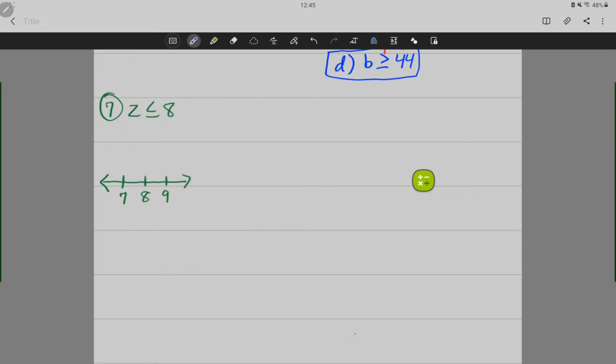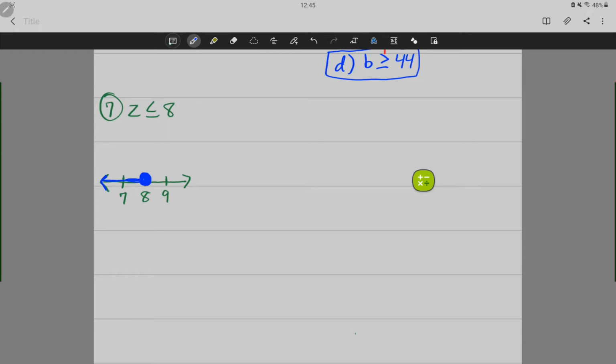So let's just graph this. Circle on 8. It says or equal. That's that line there, that blue line I just underlined. So it must be a closed circle. And which numbers are less than 8? Well, that would be in this direction, to the left.